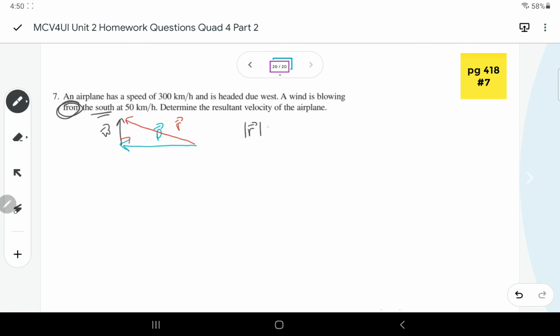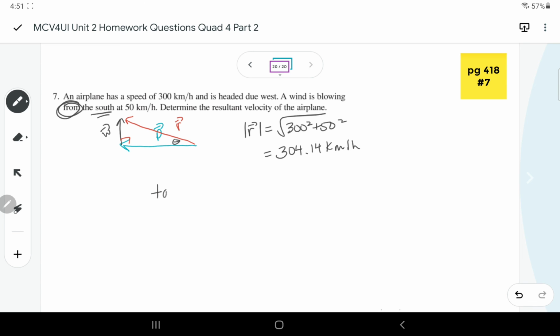So the resultant would be the square root of 300 squared plus 50 squared, the magnitude there. So that'll be 304.14 kilometers per hour. And then we'd also want to do our theta.